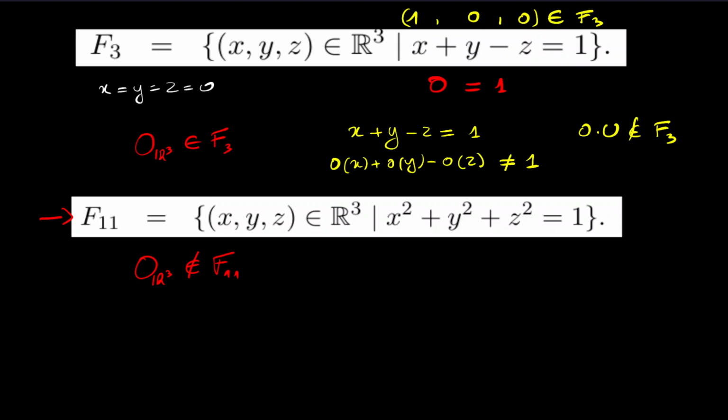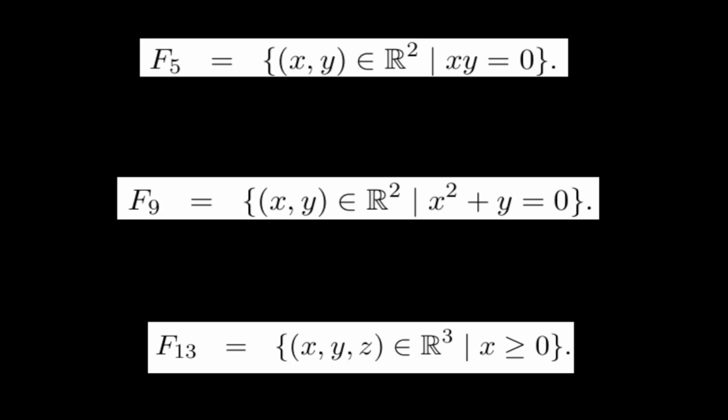Sometimes the zero vector is present, but the set hides other traps. Let's see what happens when we introduce a product with F5. The zero vector is here because 0 times 0 equals 0. But is it closed under addition? Let's take two valid vectors, for example, 1, 0 and 0, 1.